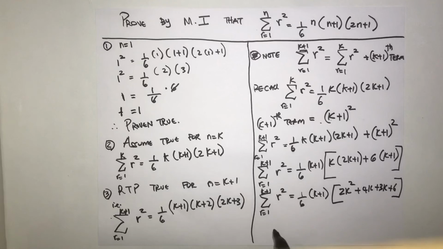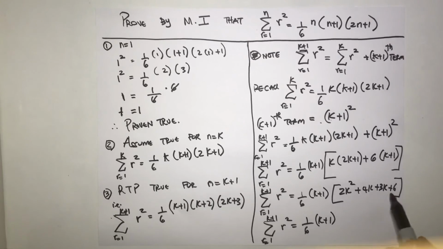If we simplify further, the sum from r equals 1 to k plus 1 of r squared will equal 1/6 k plus 1, and factorizing this expression gives k plus 2 and 2k plus 3, hence proven true. Correct?